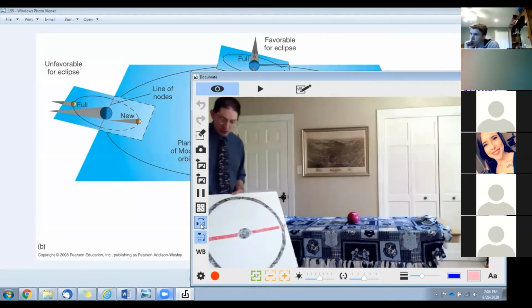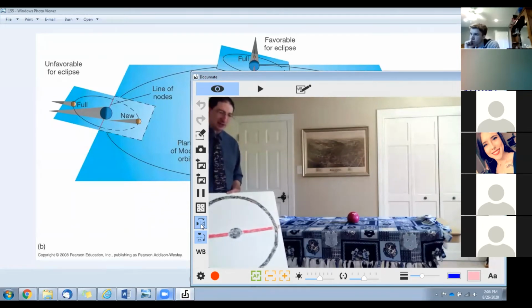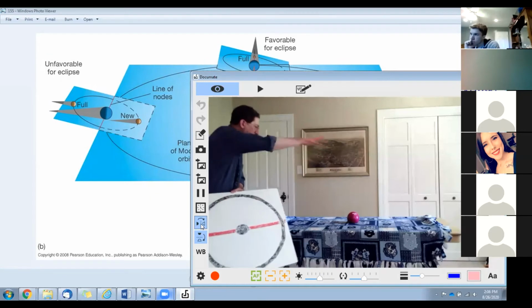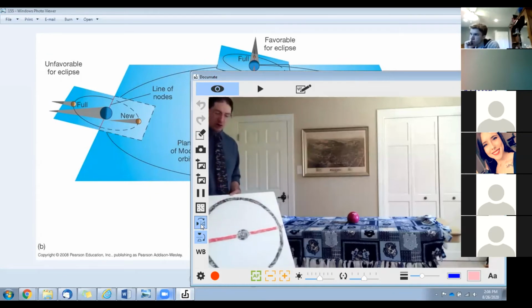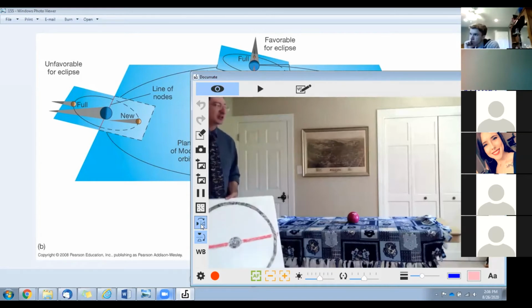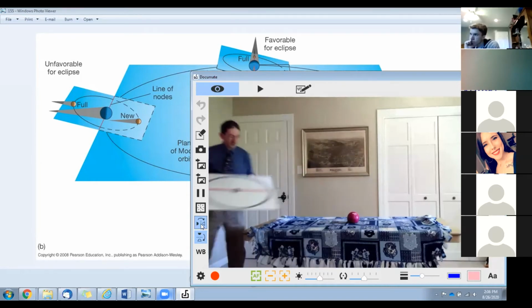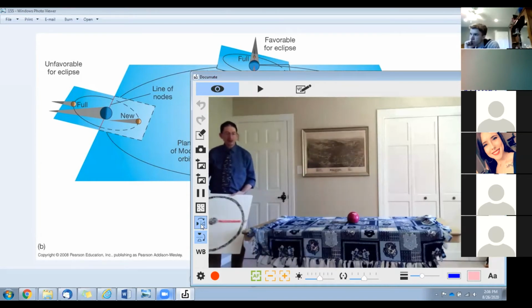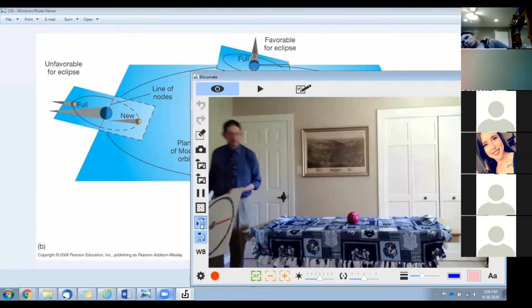And if the moon were back in the exact same position, then whatever eclipses happened during that cycle will happen again. We're back at the exact same starting point.